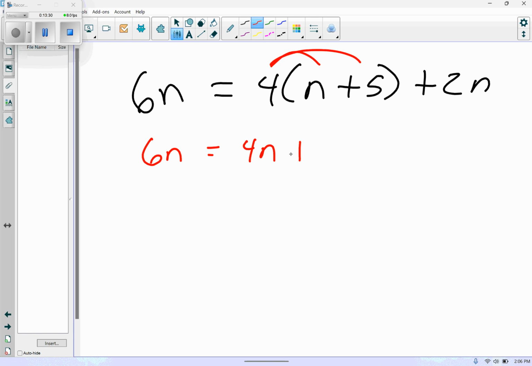Now, this problem is a little bit goofy. Okay? Notice on the right side, I have a 4n and I have a 2n. Do you agree? And if I add those together, I wind up with 6n plus 20. So I combine my like terms.